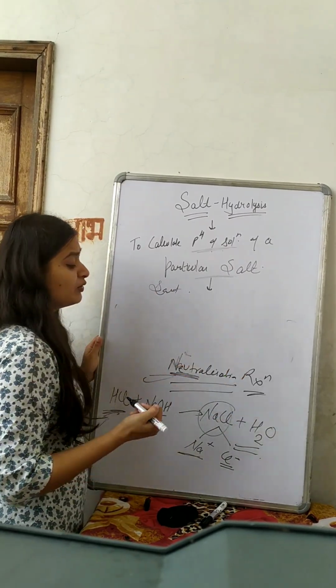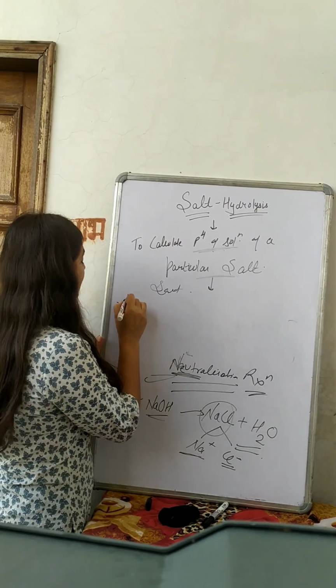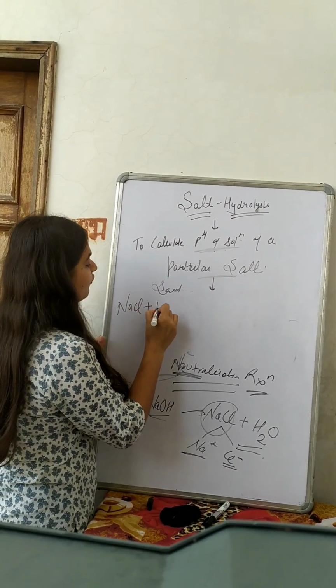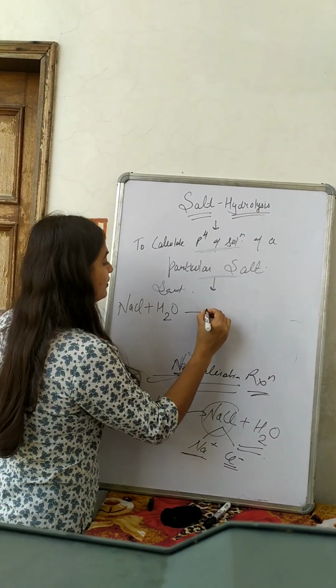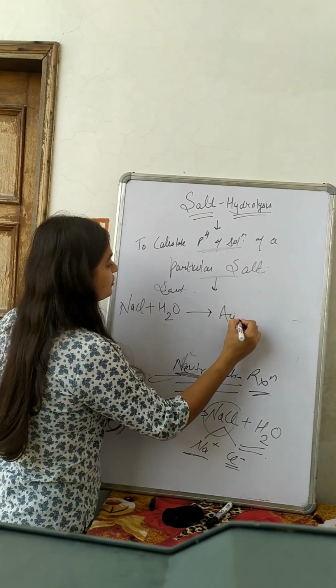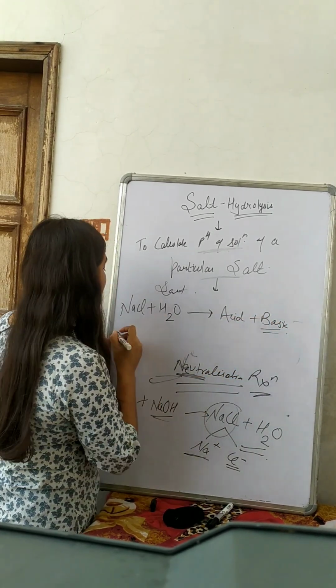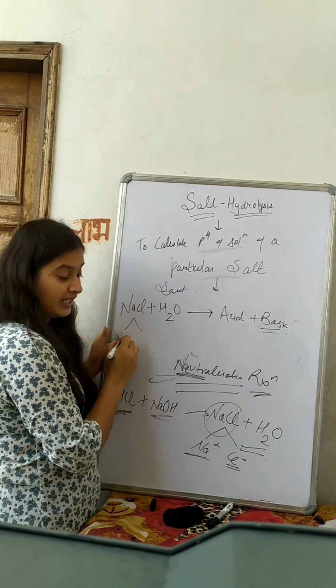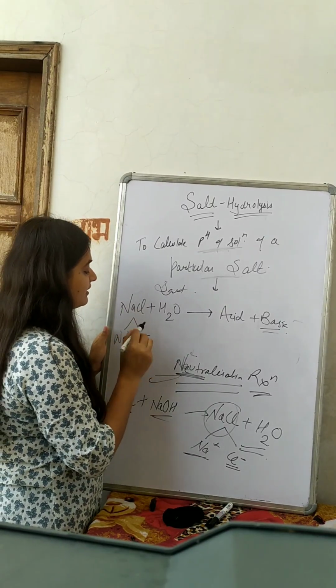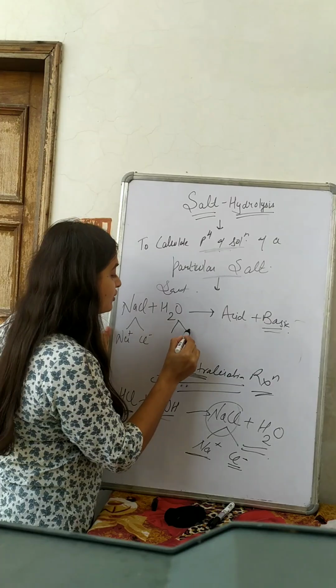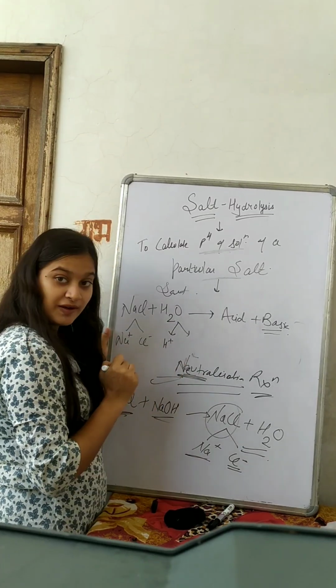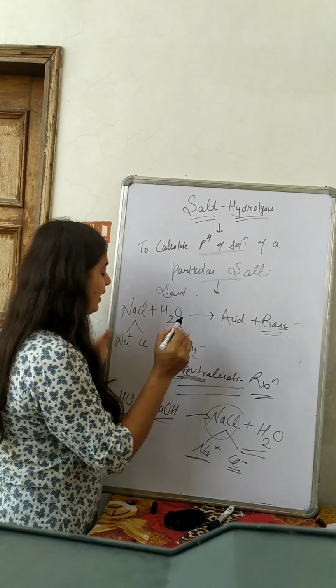When the salt undergoes hydrolysis, that means when NaCl reacts with water, it produces an acidic solution and a basic solution. NaCl contains Na+ ions and Cl- ions, and H2O contains H+ ions and OH- ions.